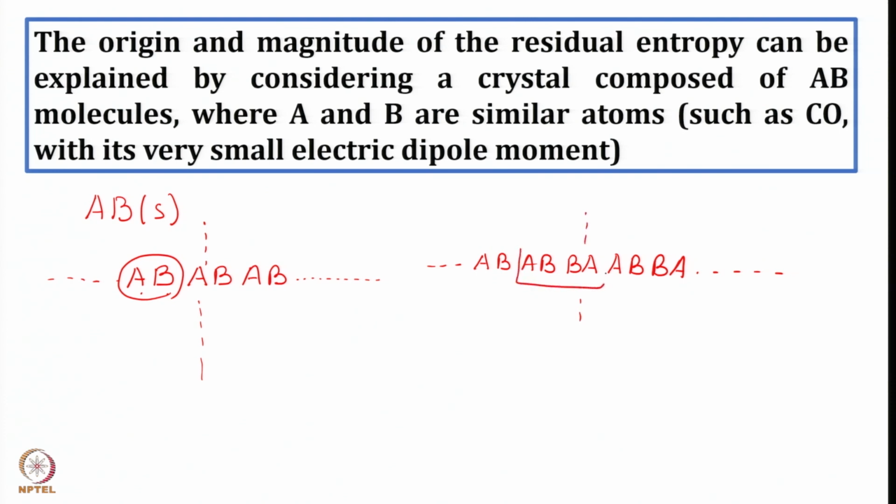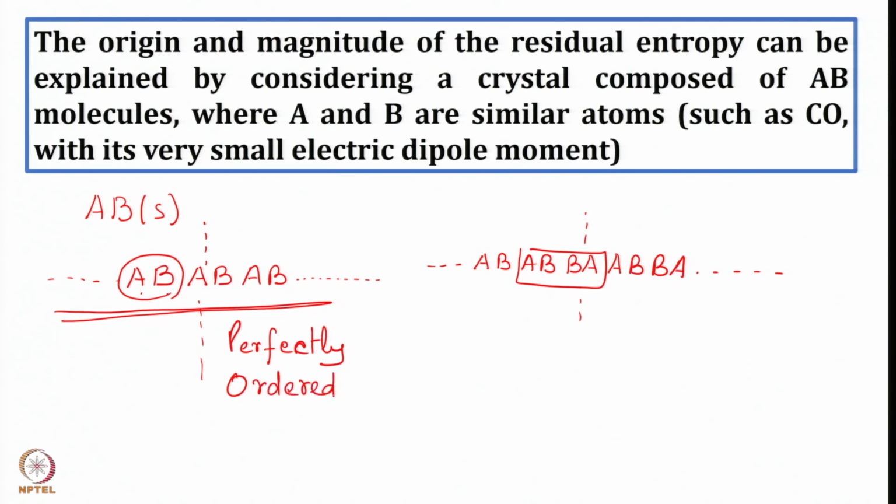Look at this switch over. Here it is perfectly crystalline. This is perfectly ordered. We are talking about the scenario at 0 Kelvin, perfectly ordered. Here the arrangement is not perfectly ordered. There is a configurational disorder.